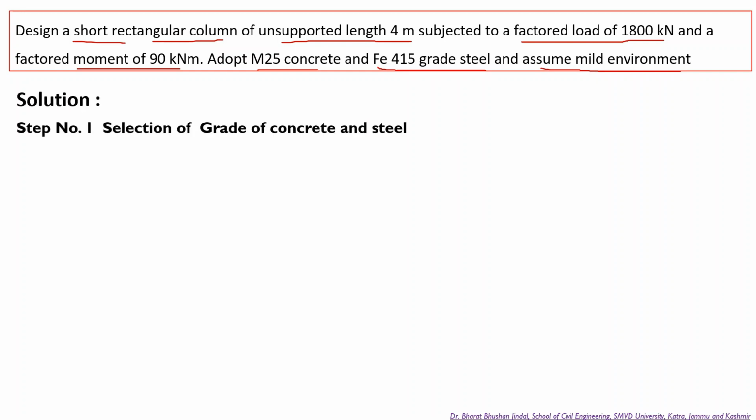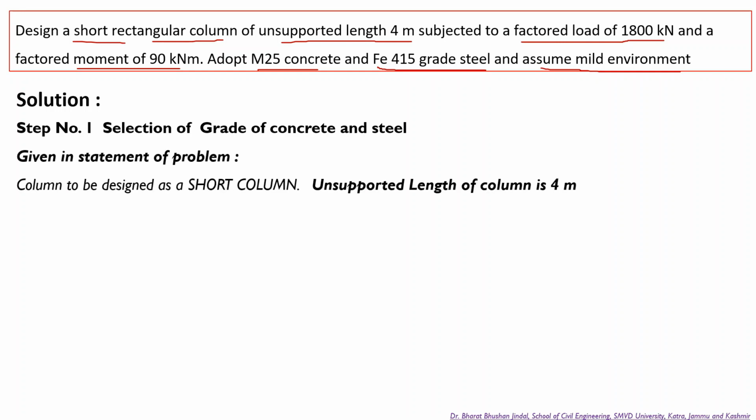Now in step number 1, as usual, we have to select the grade of concrete and steel, whether it is given in the statement or we have to assume it as per the guidelines in IS 456. Here it is given that the column needs to be designed as a short column, with an unsupported length of 4 meter.